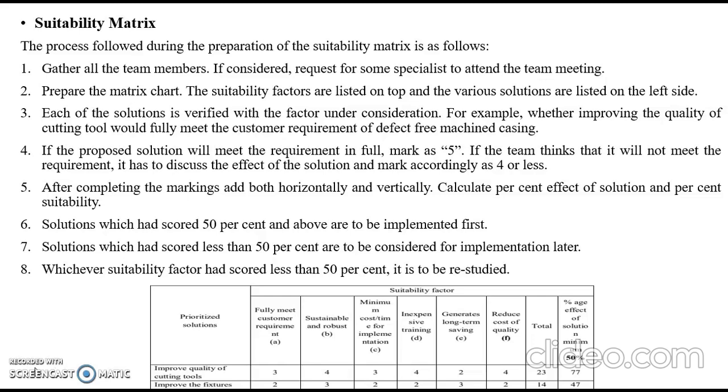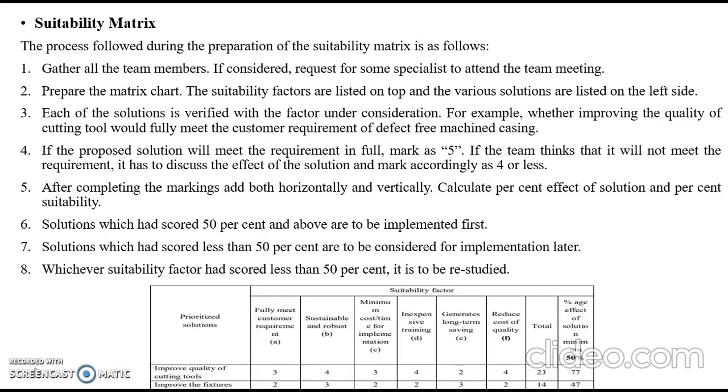The solutions that scored 50% and above are implemented first, and those less than 50% are considered for implementation in later stages. And the last one, whichever suitability factor has scored less than 50% is to be restudied. Again, you should do it from the starting. That is about the suitability matrix.